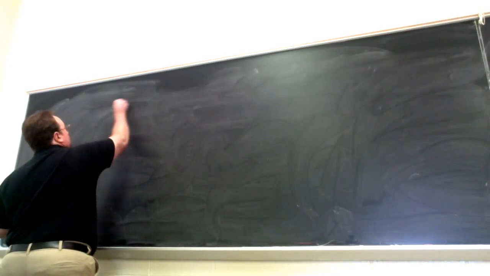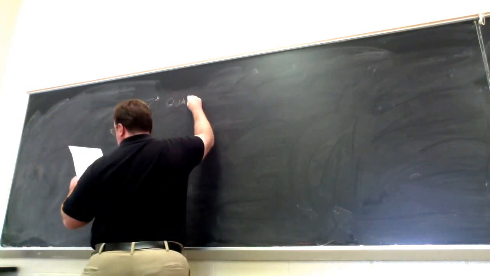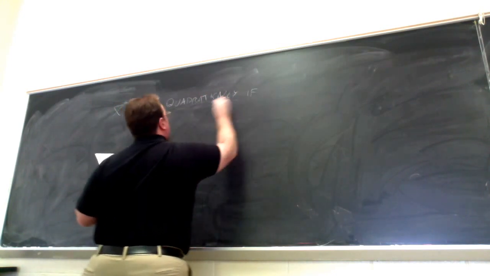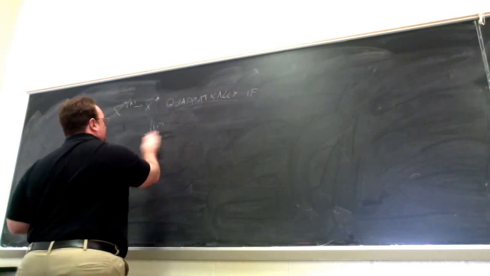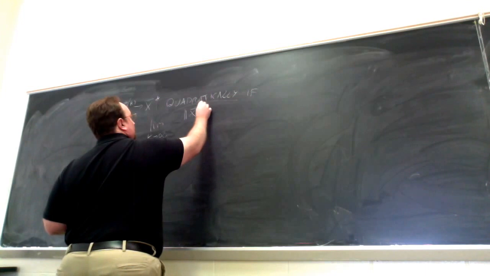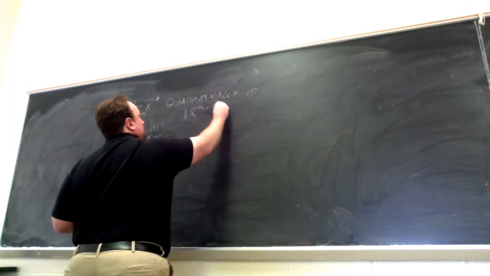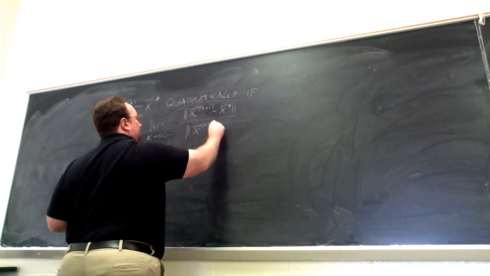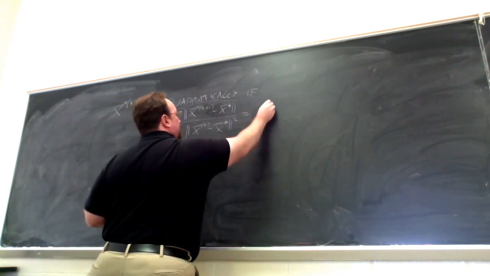So xk converges to x star quadratically if the limit as k goes to infinity of the norm of xk plus 1 minus x star over the norm of xk minus x star, squared, equals c.